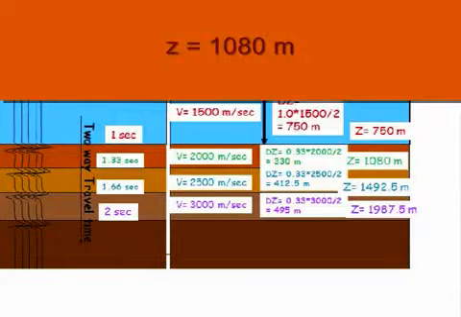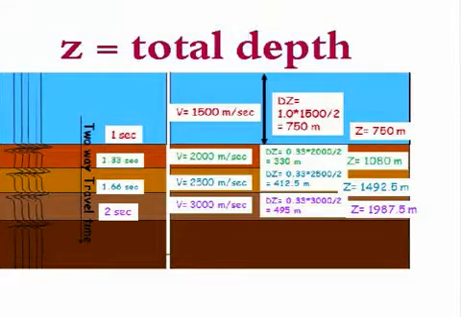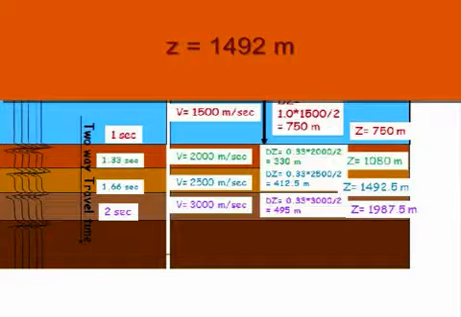Z equals 1,080 meters. Third zone, V equals 2,500 meters per second. dz equals 0.33 seconds times 2,500 divided by 2 equals 412.5 meters. Z equals 1,492 meters.